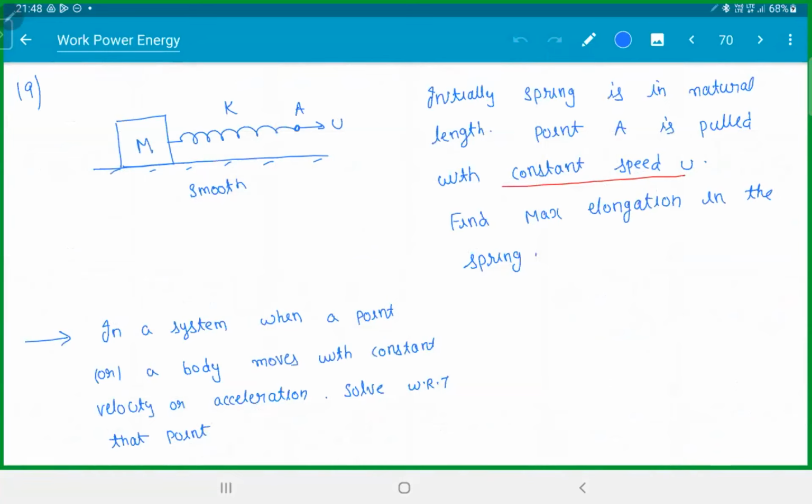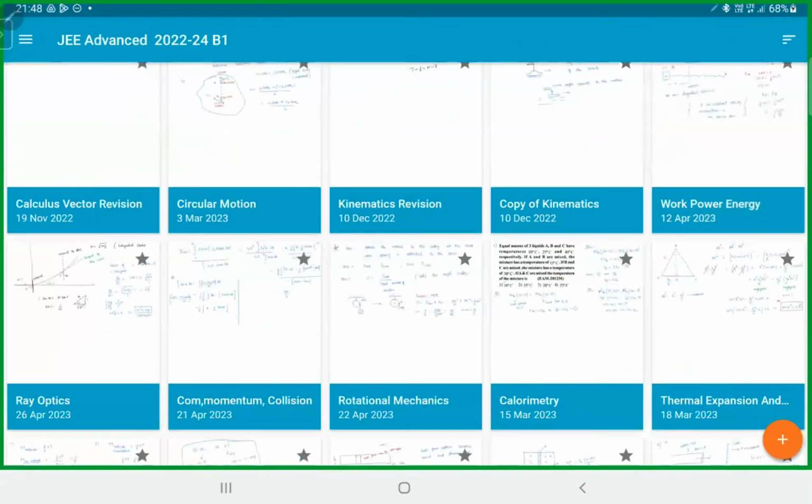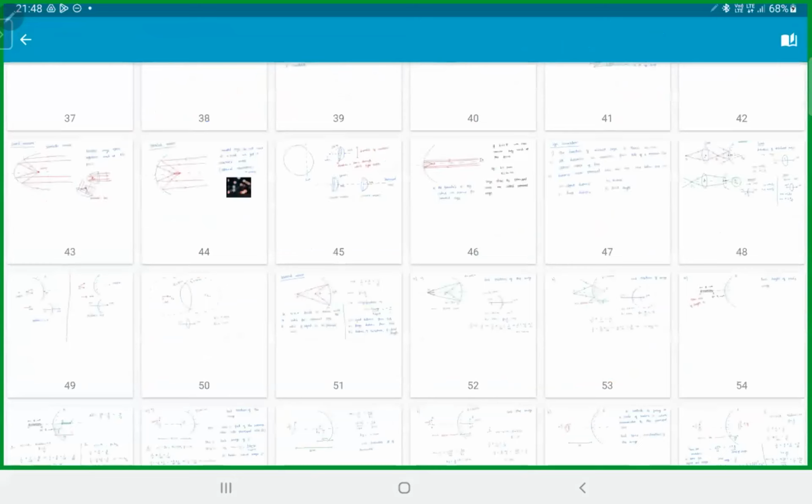Do you remember this thing? The point A was going with constant speed. What did you do? Pseudo. You have to stand on it. Because it is going with constant velocity, it's an inertial frame, right? There's no pseudo force. Are you getting it? And this is not the first time. Then you did this in optics also.